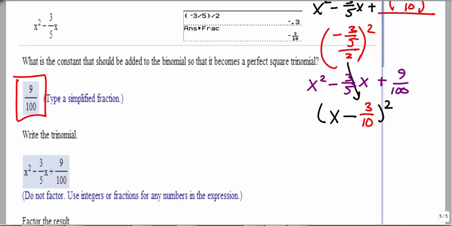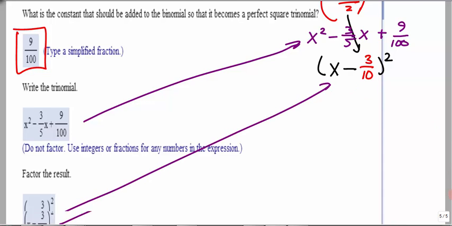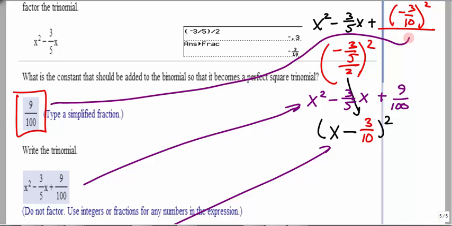So here's that 9 over 100. Comes from right here. Here's the trinomial rewritten. And then factor the result is right here. And again, the first number we find is that 9/100ths, and that comes from squaring half the linear term.